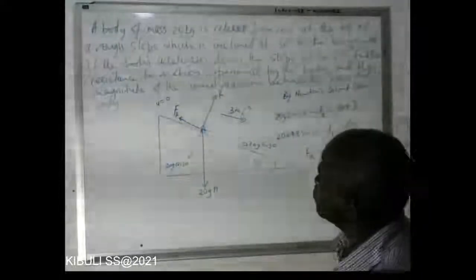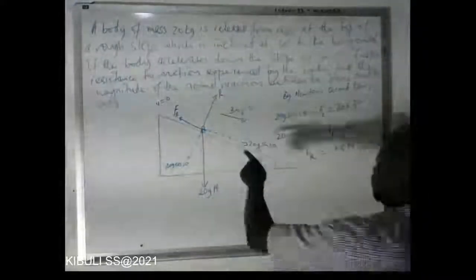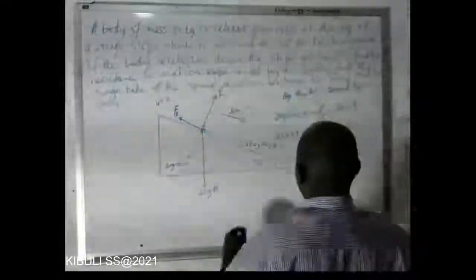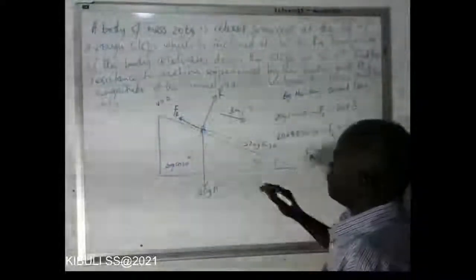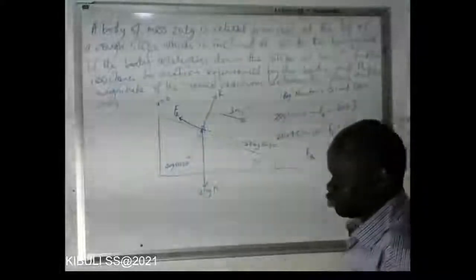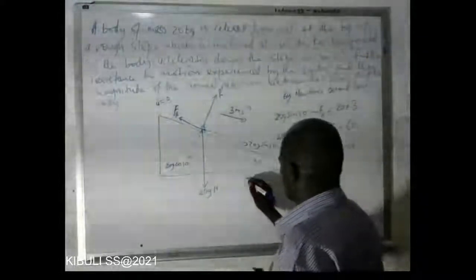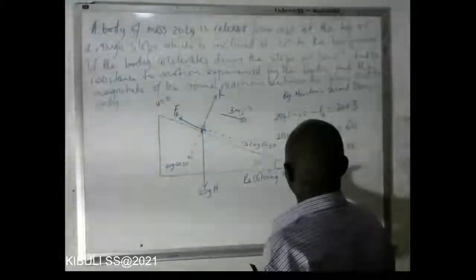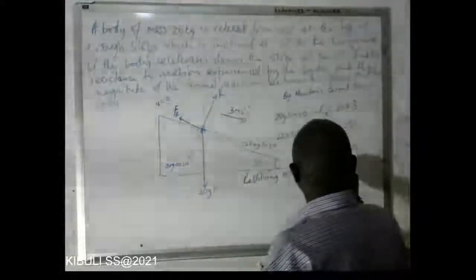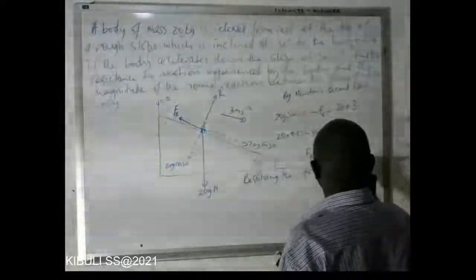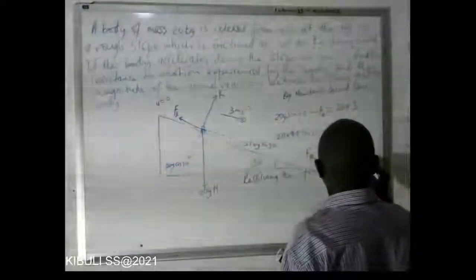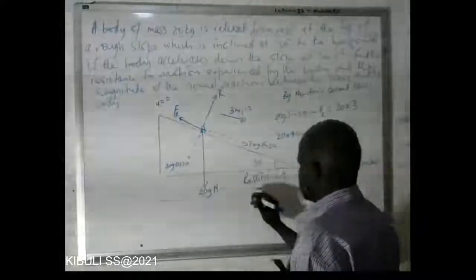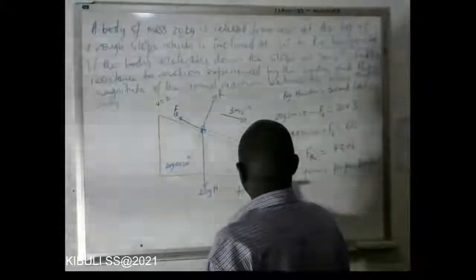Okay? So having got the resistance, we can now calculate the normal reaction. The question is saying we find the value of R. We can do that by resolving the forces perpendicular to the plane.